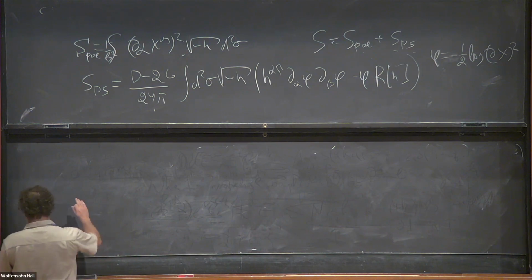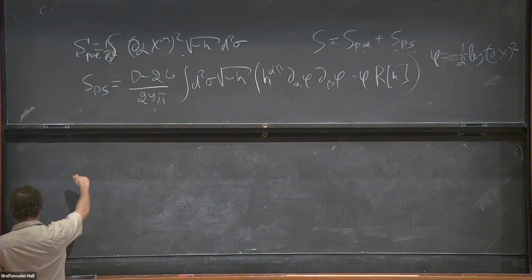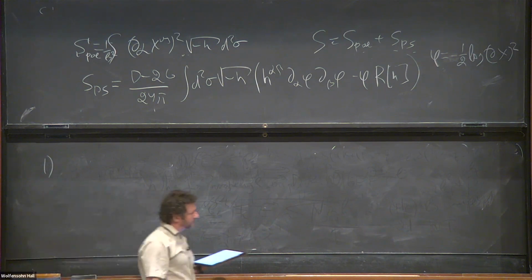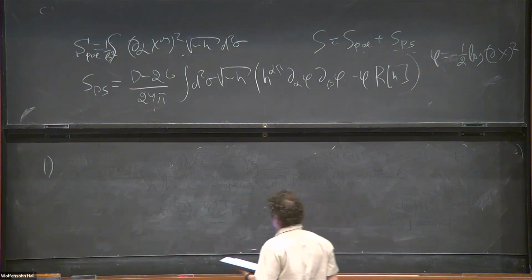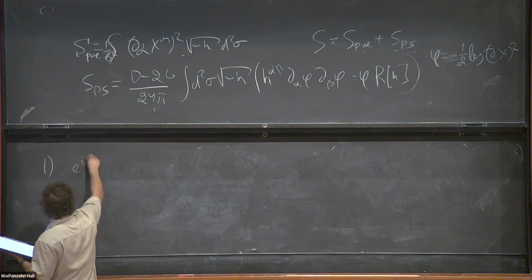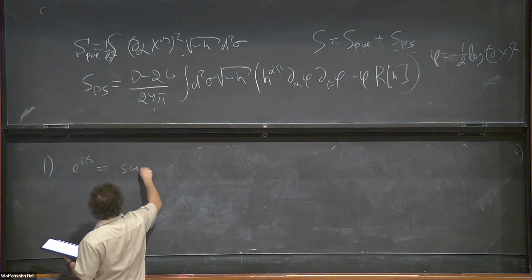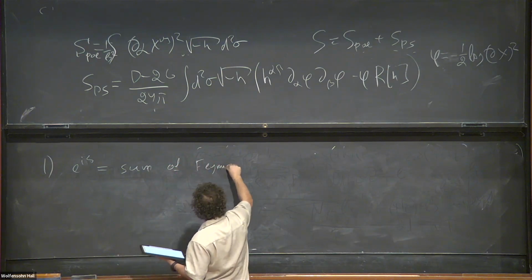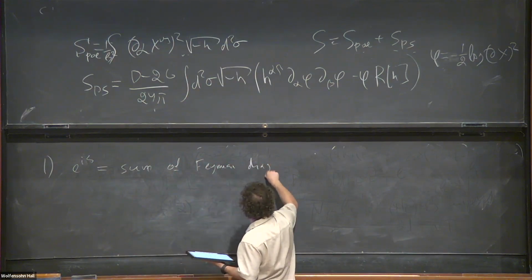So let me make a few comments about that, which will be somewhat important later. First of all, this S matrix which we obtained, this e to the i S matrix, is really a sum of Feynman diagrams. By that I mean the following.